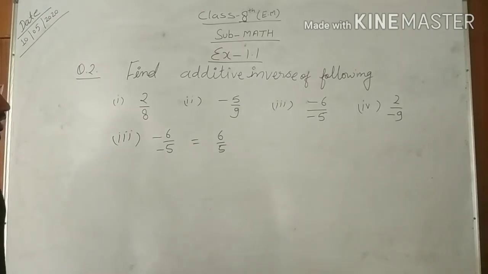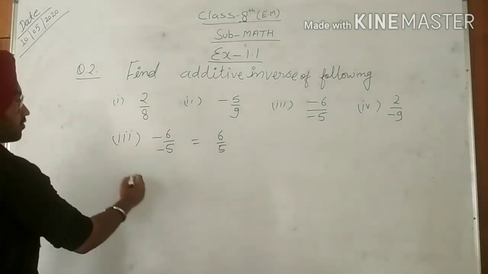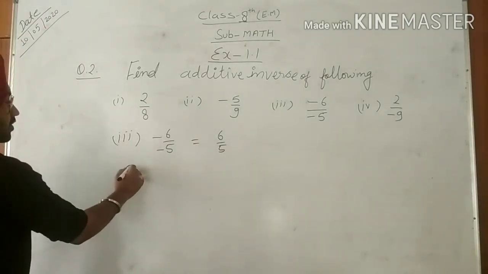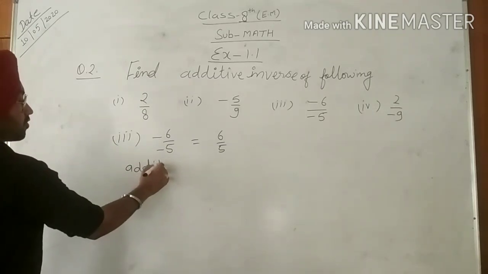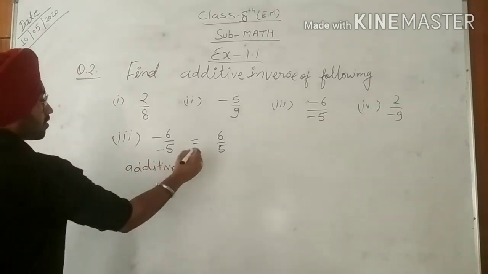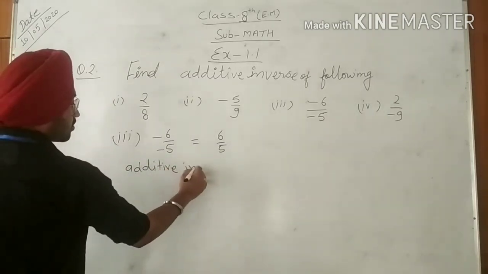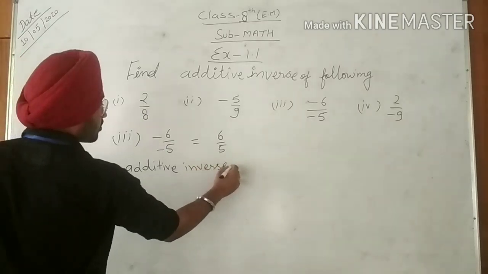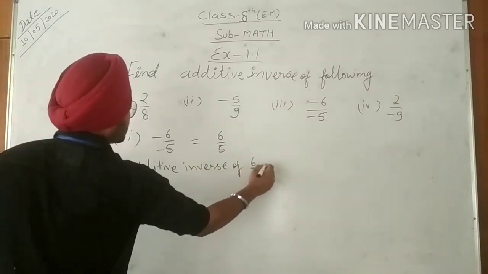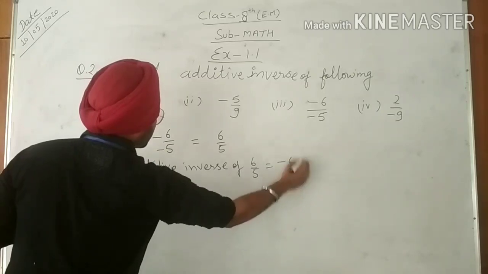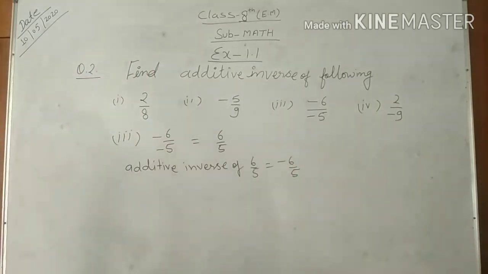So this number becomes positive 6 upon 5. So the additive inverse of this number becomes negative 6 upon 5. We just opposite the sign.